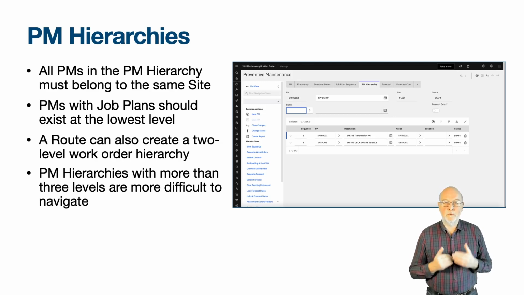This can be more flexible and avoids breaking the PM hierarchy apart after a shutdown and in preparation for the next shutdown, as not all elements of the hierarchy may take place next time. It is also possible for the PM at the bottom level of the PM hierarchy to be based on a route, and this could create an additional level for each route stop.